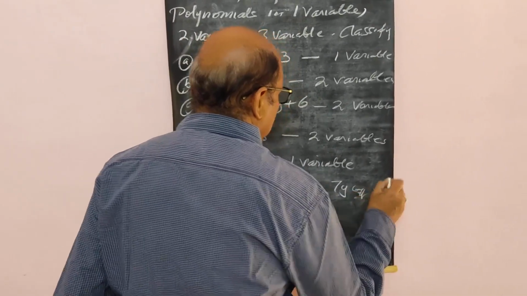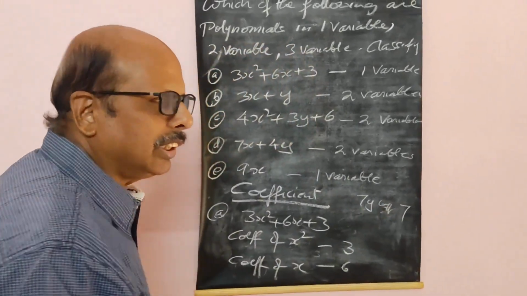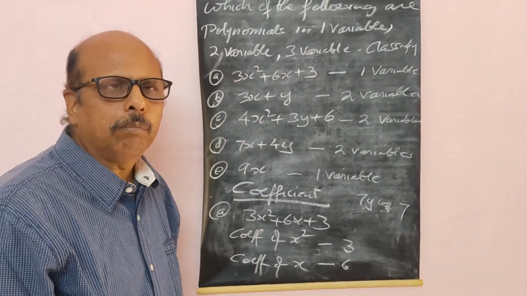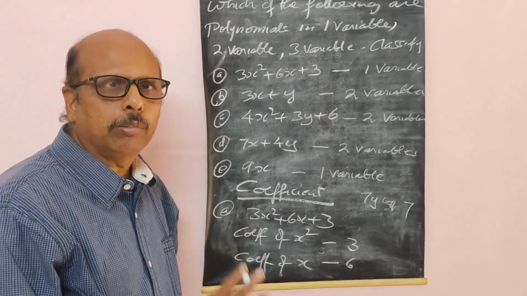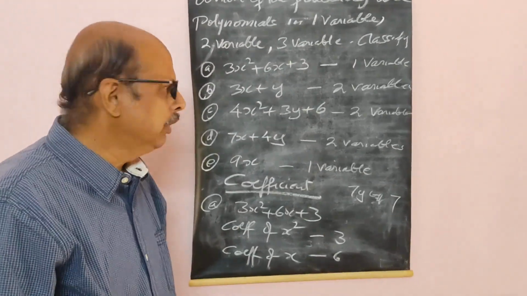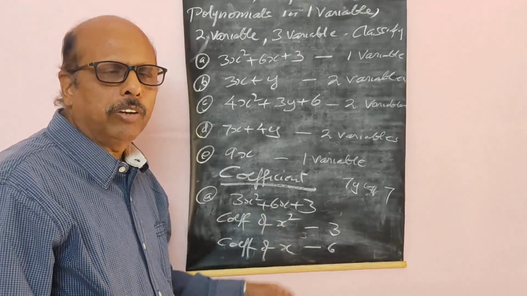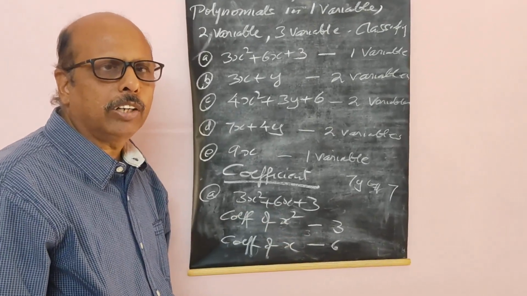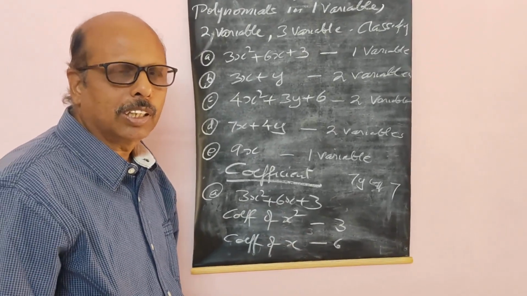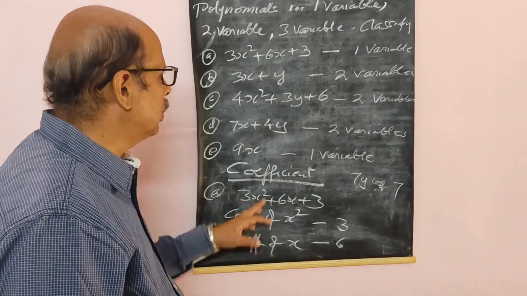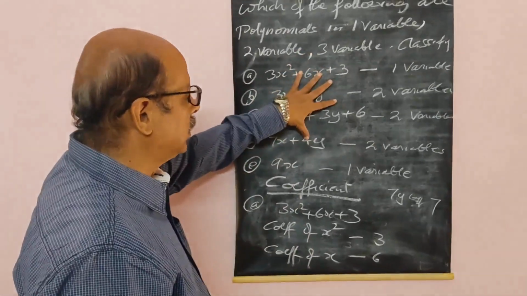Coefficient is nothing but the number in front of the variable. Keep that in mind. You can write it down if you want to. Coefficient is the number in front of the expression asked. So this is what we call the expressions in two variables.